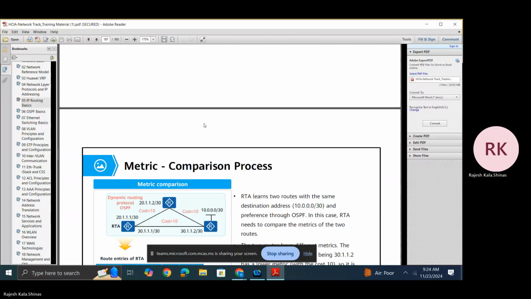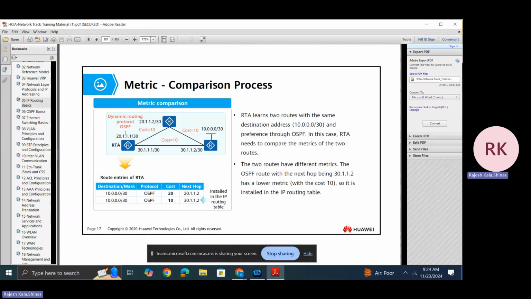Then again, two routes where the protocols are the same. To reach 10.0.0.0/30, I have two routes, through this way and this way. Both are configured in the OSPF protocol. So which one I choose depends upon the cost of the link. If I go from RTA through this one, the cost is 10 plus 10, 20.